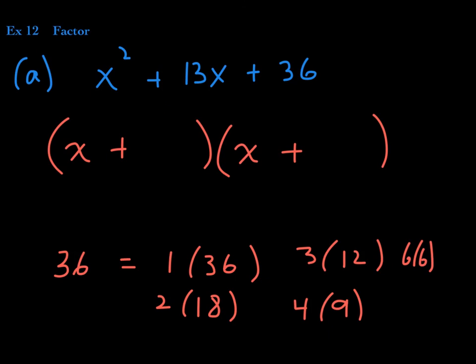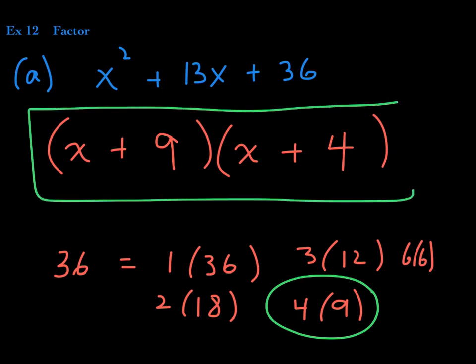Well, there's only one such pair, and that's 4 and 9. 4 plus 9 is 13. So I'm going to put 9 in one of them and 4 in the other. And it doesn't matter which one you put in which one. So there's the factorization. How did you do? I hope you got that one right. All right, let's do one more before we end this lesson.